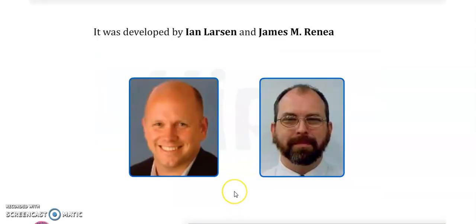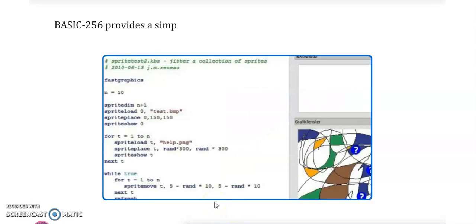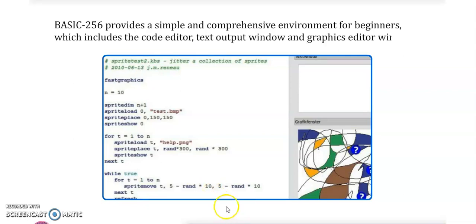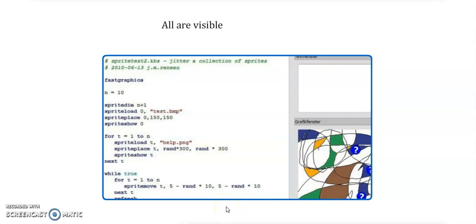It was developed by Ian Larsen and James M. Reneau in 2014. BASIC-256 provides a simple and comprehensive environment for beginners, which includes the code editor, text output window, and also a graphics editor window. So all are visible on the same screen.